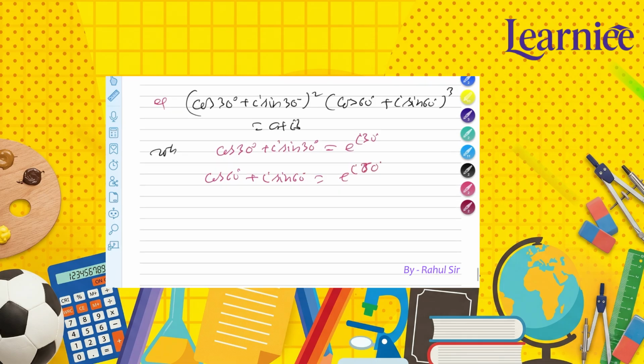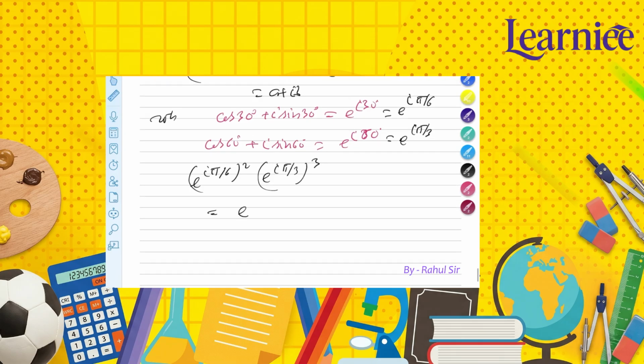Okay. So substituting these values here, we get e to the power i pi by 6, squared, and e to the power i pi by 3, cubed. So (e to the power i pi by 6) squared into (e to the power i pi by 3) cubed.